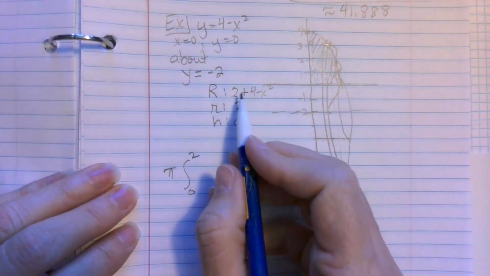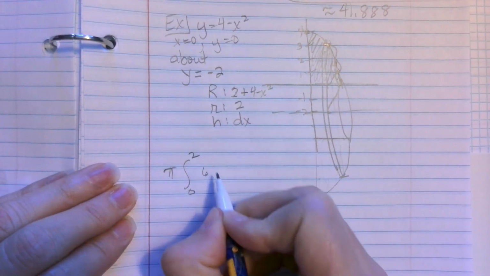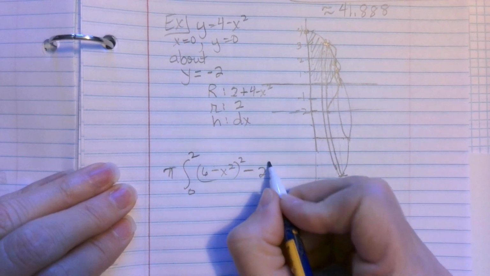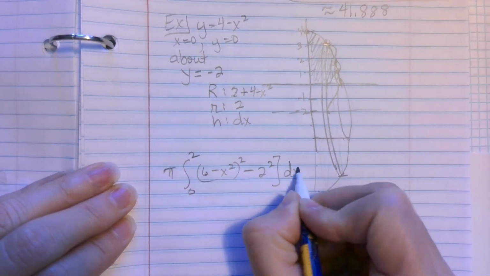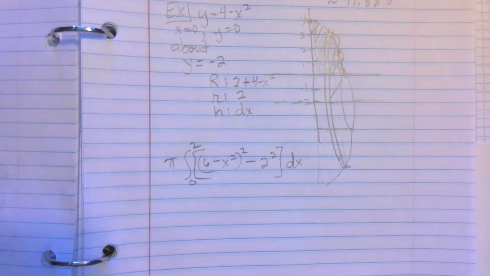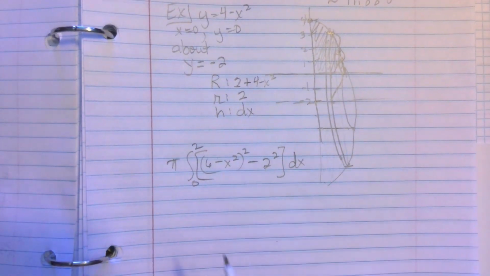4 plus 2 is 6, minus x squared. Big R squared minus little r squared dx. Plug and chug in the calculator or FOIL it out. Not sure which would be quicker.